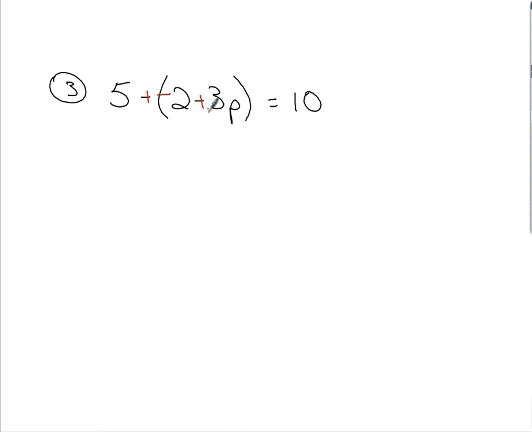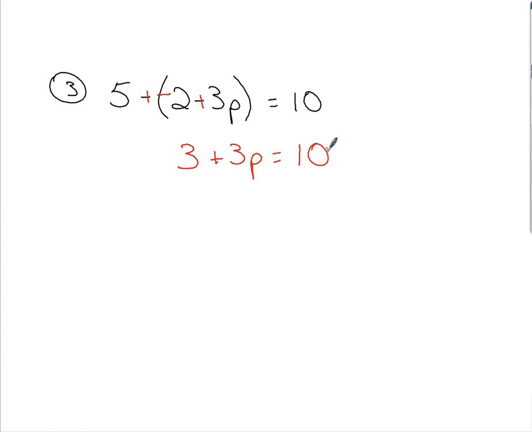From there, parentheses are no longer necessary, so combine like terms. I've got 5, minus 2, which gives 3, plus 3p. All of that equals 10. You have to simplify each side of the equation before you can start shuffling things around.